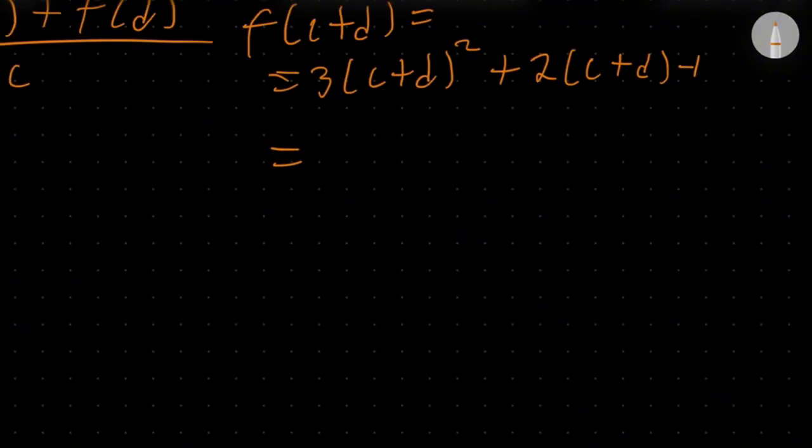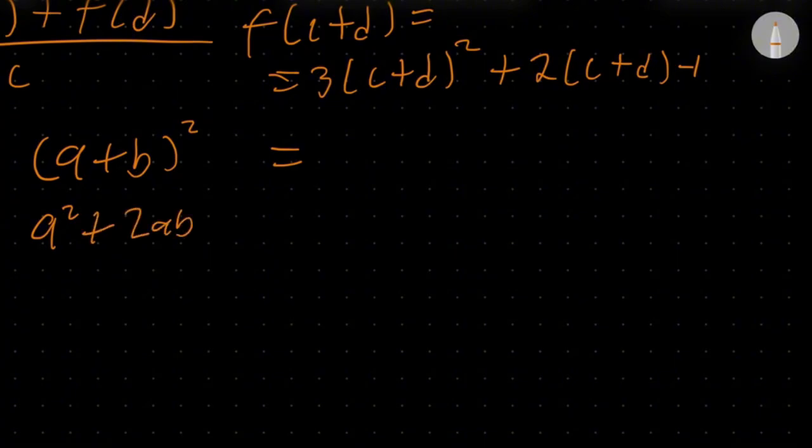Now, we know in algebra that if we are expanding a plus b squared, it's just the same as a squared plus 2ab plus b squared. Now let us plug it in. Our c is a and our d is b.